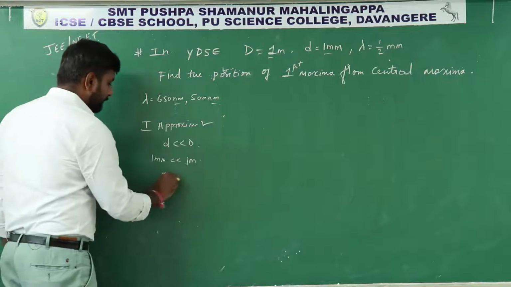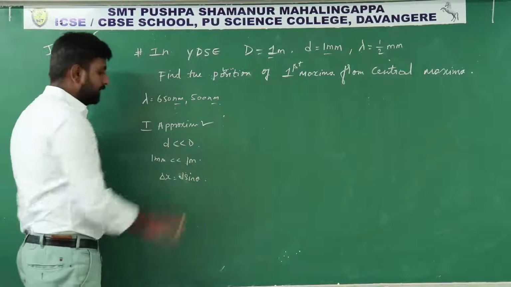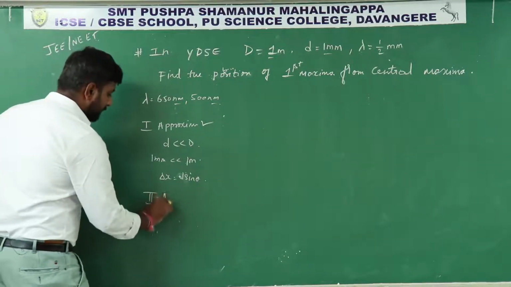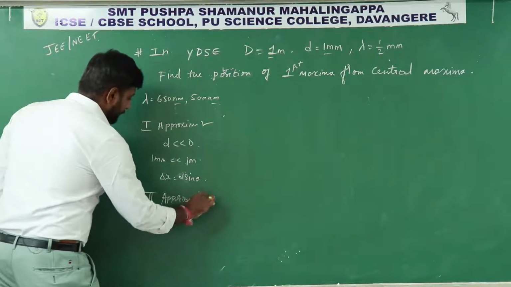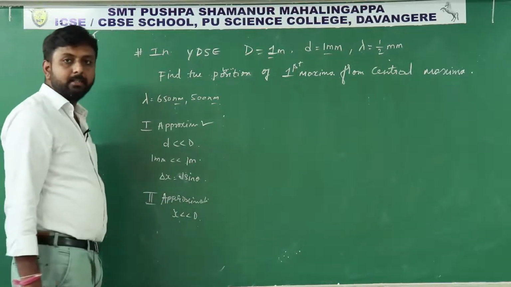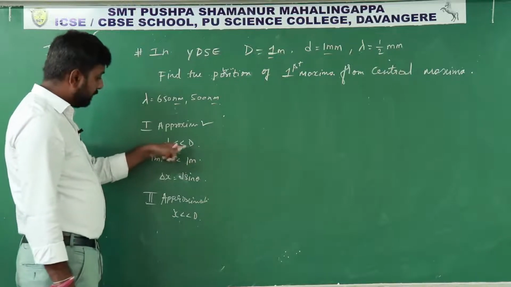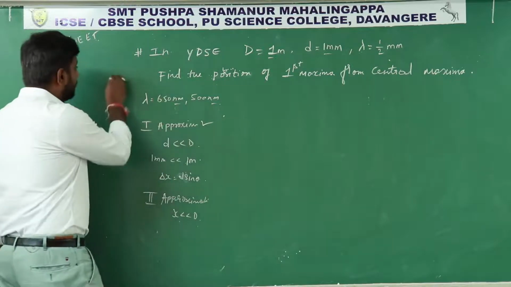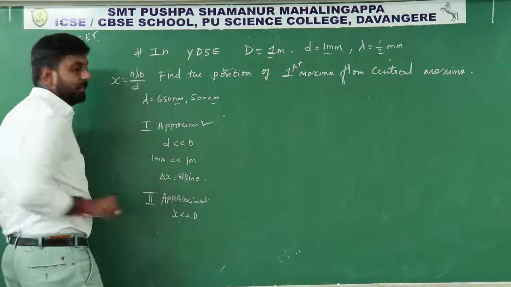Then path difference we can take d sin theta, isn't it? Then what is the second approximation? Second approximation is x is smaller than capital D, right? So x is smaller than capital D or d is lesser than capital D means here you can consider the formula x equals n lambda capital D divided by small d.